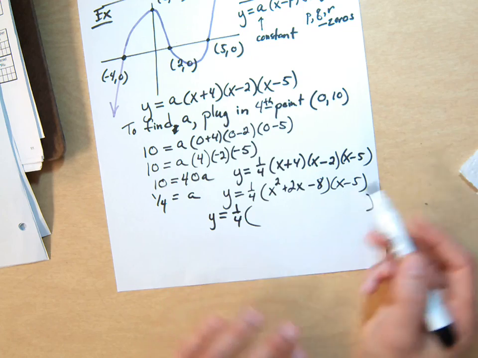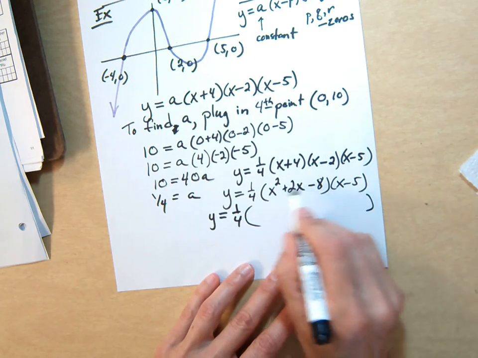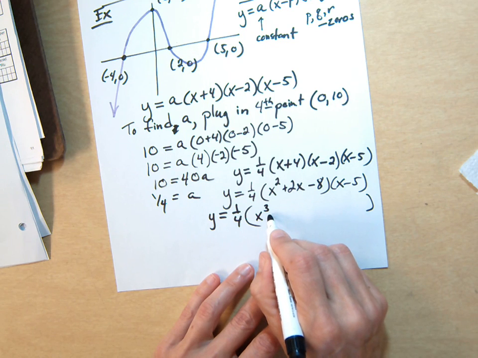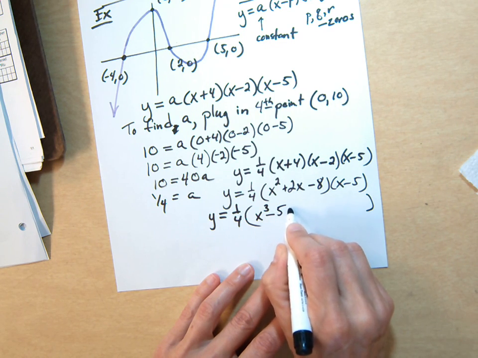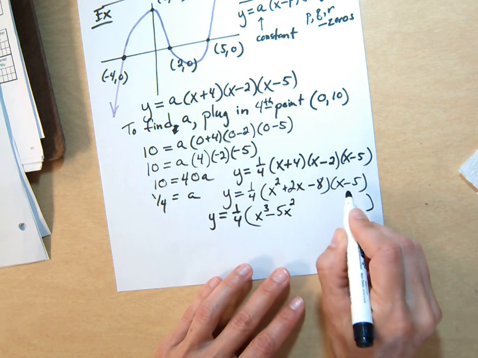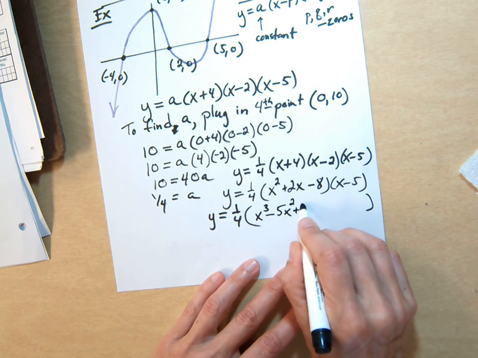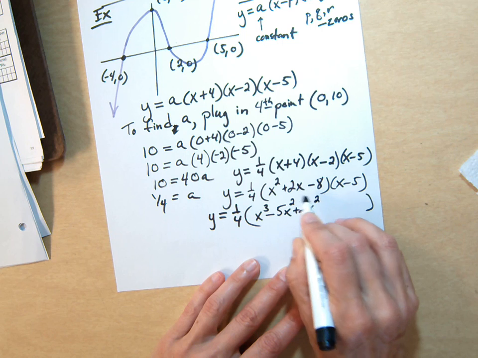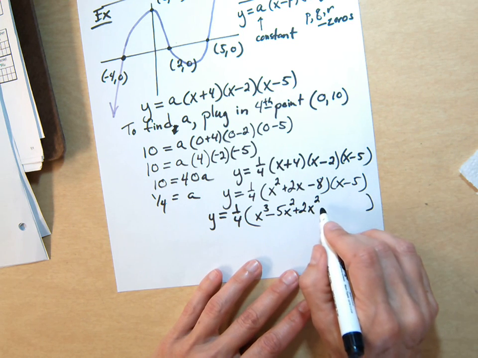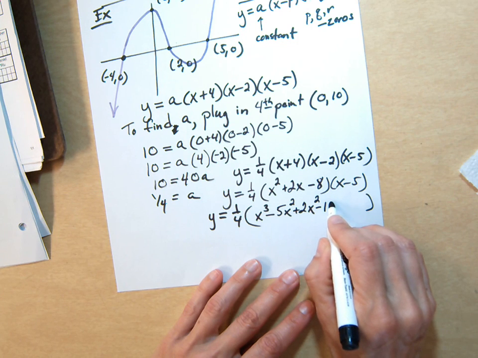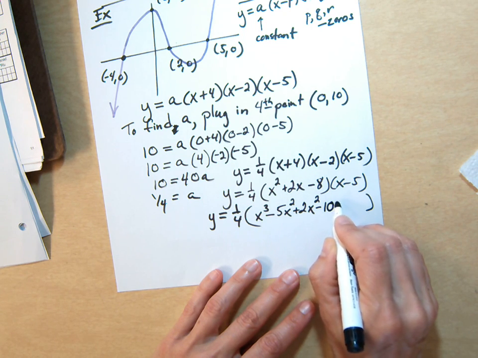So x squared times x, tell me. X squared times negative 5. 2x times x. 2x times negative 5. Minus 5x. Wait, oh, the minus 10.